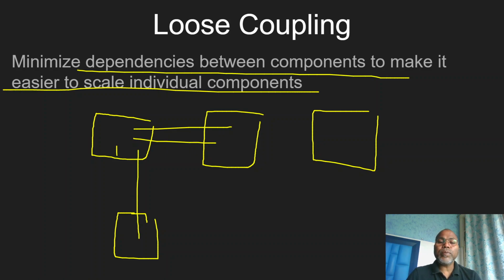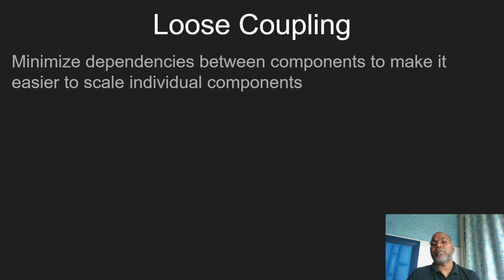The relationship between these components should be loose, not tightly coupled. With tight coupling, we also face problems with scalability. If your system is loosely coupled, it can easily scale and easily run on different server instances.